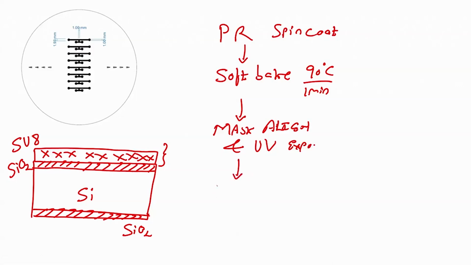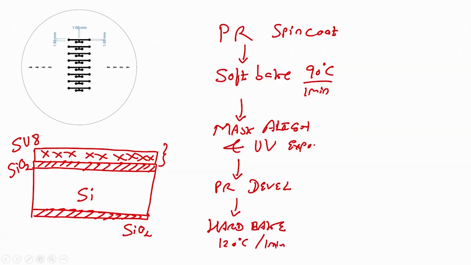Next step would be PR developer, next step would be hard bake, 120 degree centigrade, again 1 minute on hot plate. This is our standard lithography process, right.